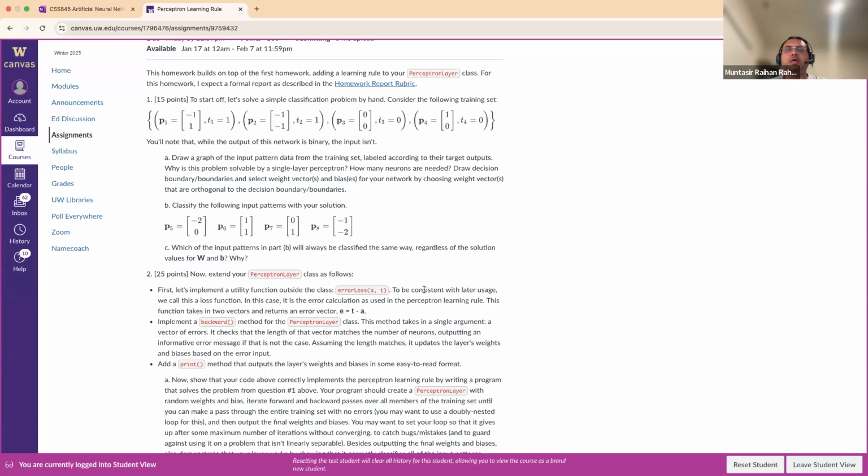Once you do this backward with this error, you are in some sense embedding your input inside this activation A. I'm not going to be strict about the exact way you implement this backward.